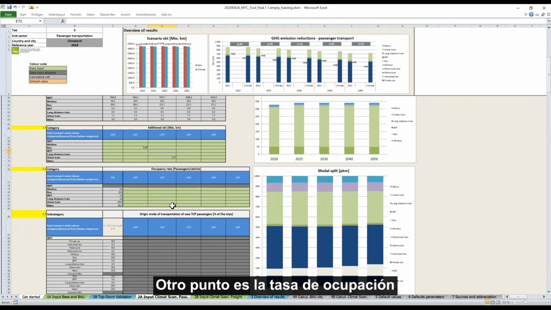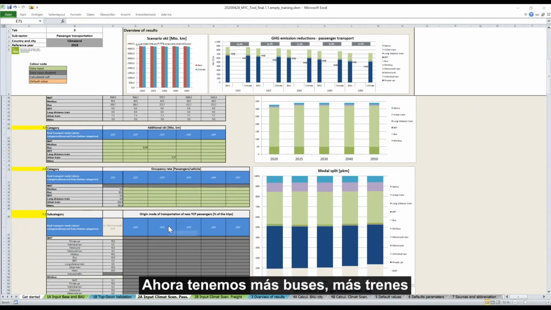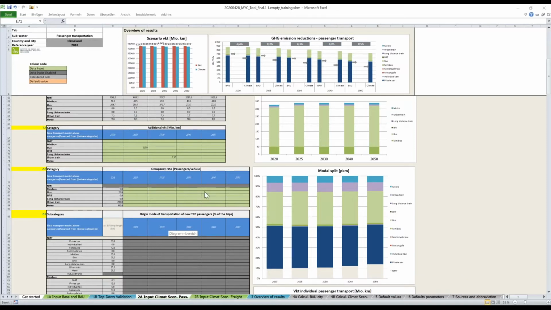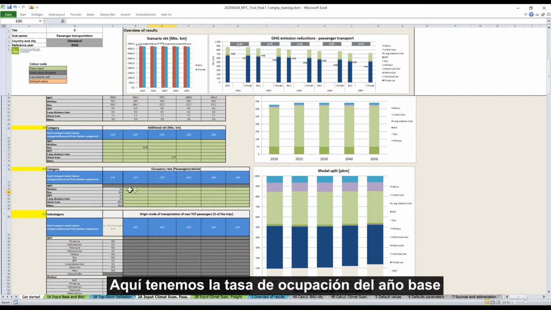Another point is the occupancy rate. So we have more buses, we have more trams, at least they are running often. But the question is how many people are in there? In our case, we say we stay stable. Here you have the occupancy rate of your base.